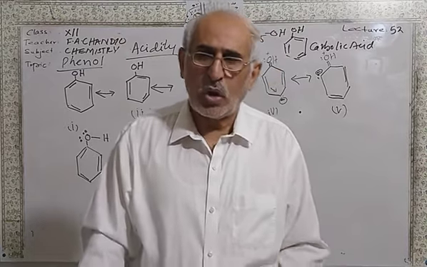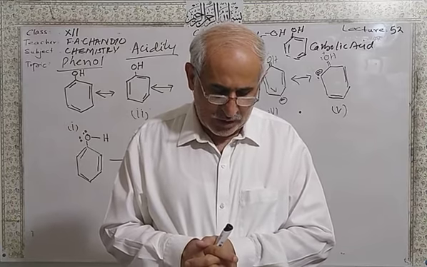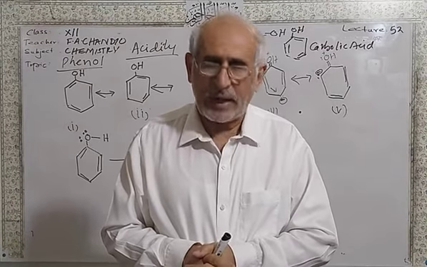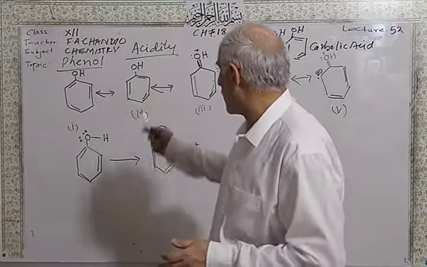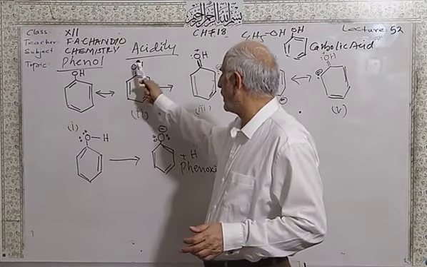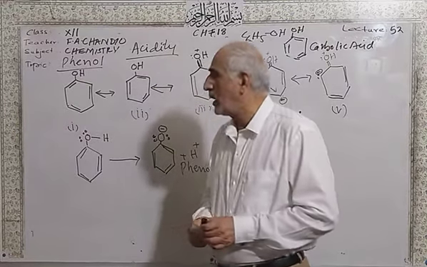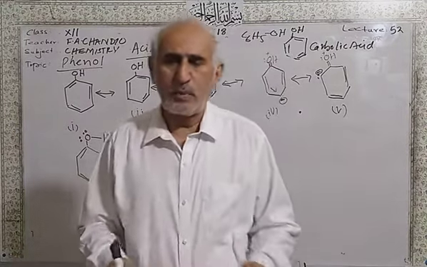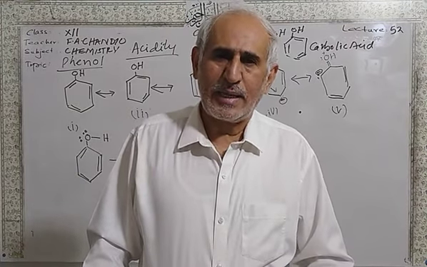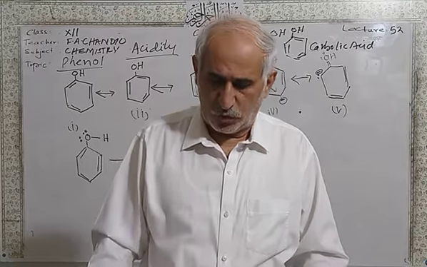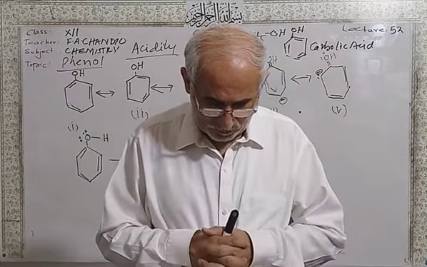It is more electron attracting than the sp3 hybridized carbon atom in alcohol. The carbon oxygen hydrogen bond in phenol, which is sp2 hybridized, has more attracting power as compared to alcohol, which is sp3 hybridized.